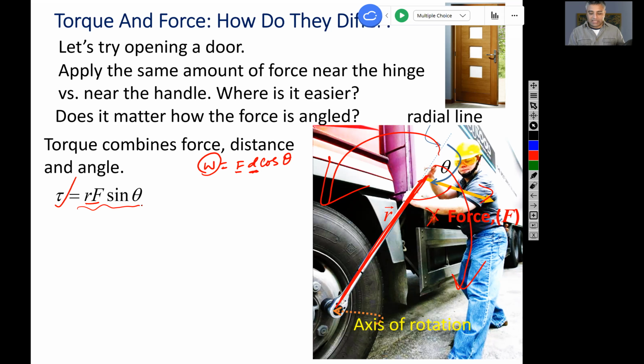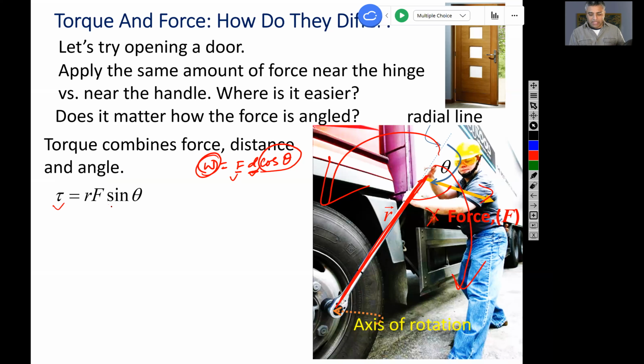When we have this kind of product, we call that a vector product. But when we multiply two vectors and we get a scalar, then we call that a scalar product. So when we have a scalar product, we pick up cosine. And when we have a vector product, we pick up sine. But we have to keep track of the angle correctly, okay?